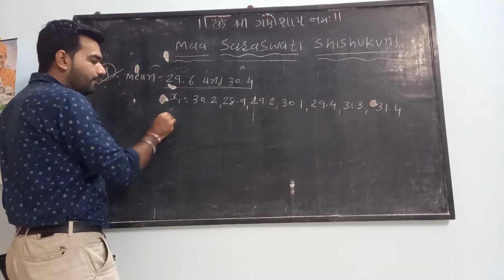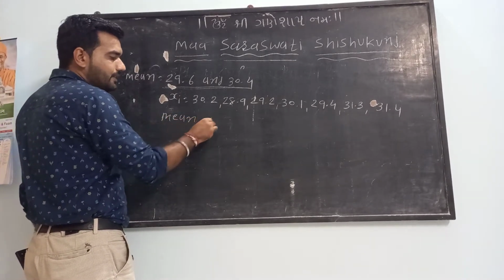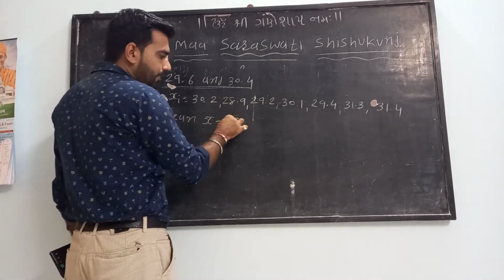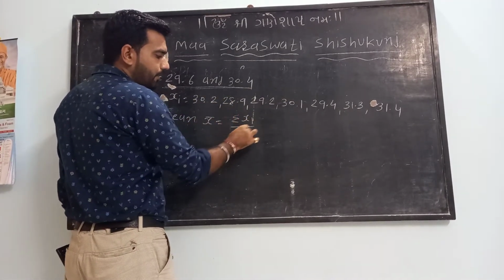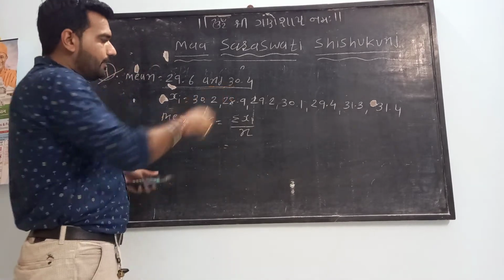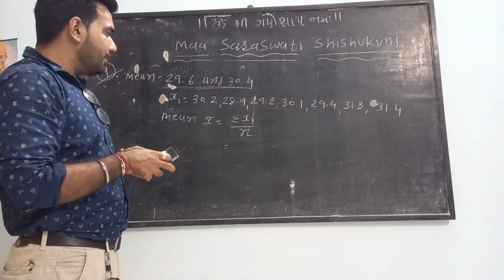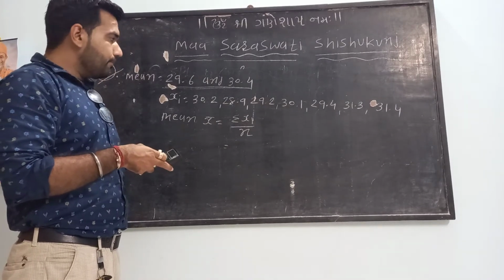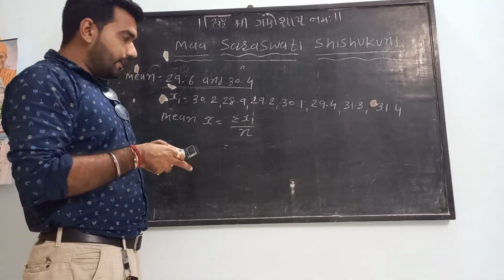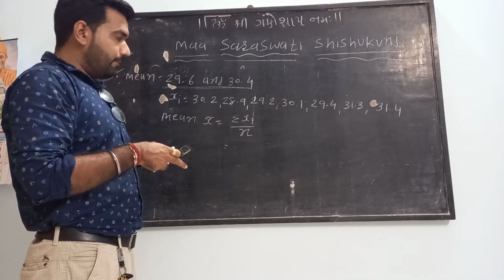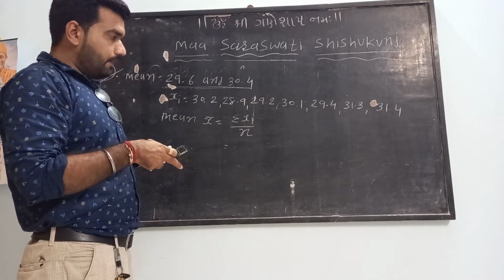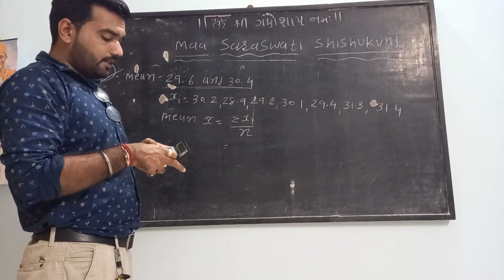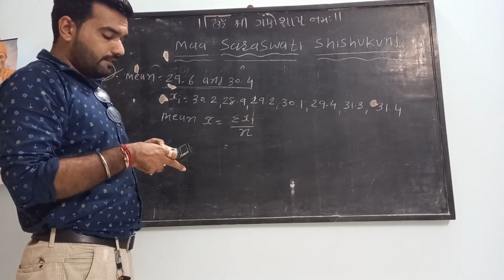So the mean x bar is equal to, our formula, here only observations are there. So the formula is sigma xi upon n. First of all we have to find sigma xi, the summation of this: 30.2 plus 28.9 plus 29.2 plus 30.1 plus 29.4 plus 31.3 plus 31.4.